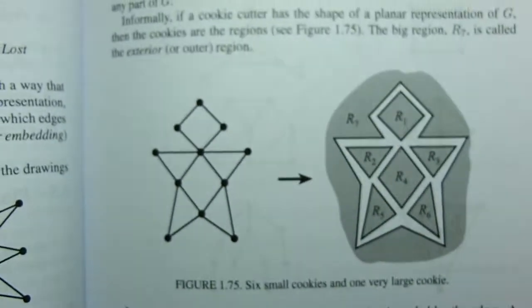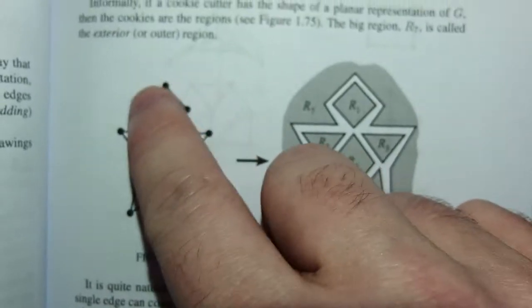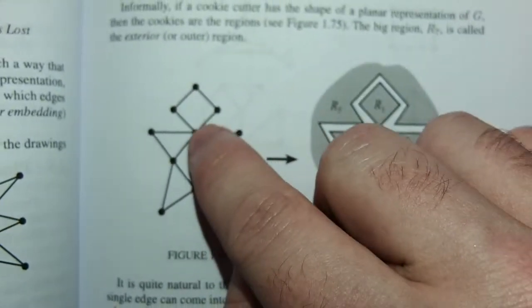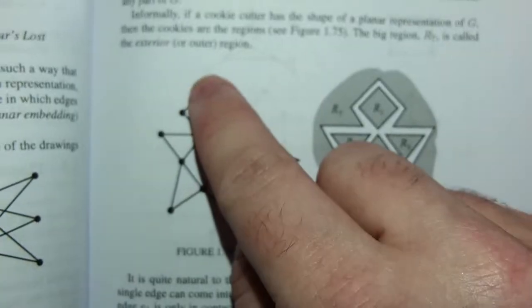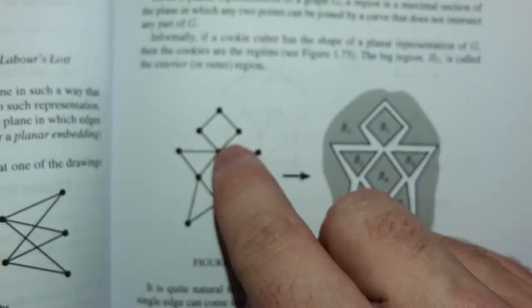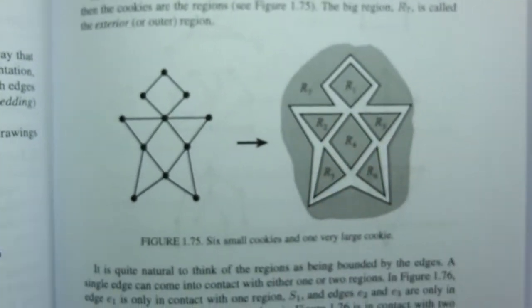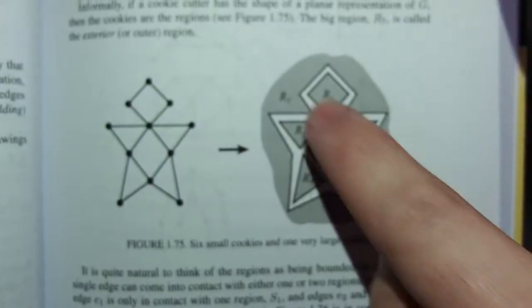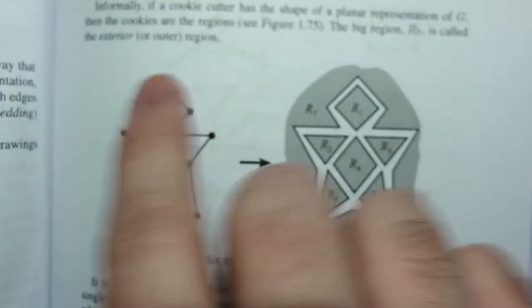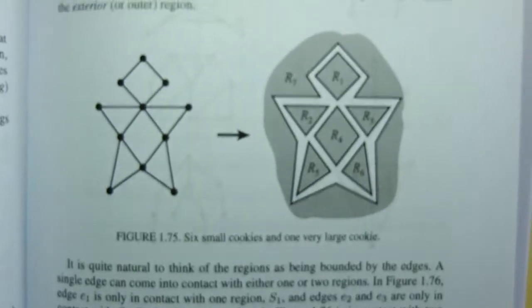R7, you might look at it as being unbounded because it goes off to infinity, but we would still call it bounded. We would call it bounded by the number of edges that it bounds. So in this case, 1, 2, 3, 4, 5, 6, 7, 8, 9, 10, 11, 12. We don't call it unbounded. It's bounded by all those edges on the outside of the graph G. Okay. That would refer to a bound number, or the bound degree.